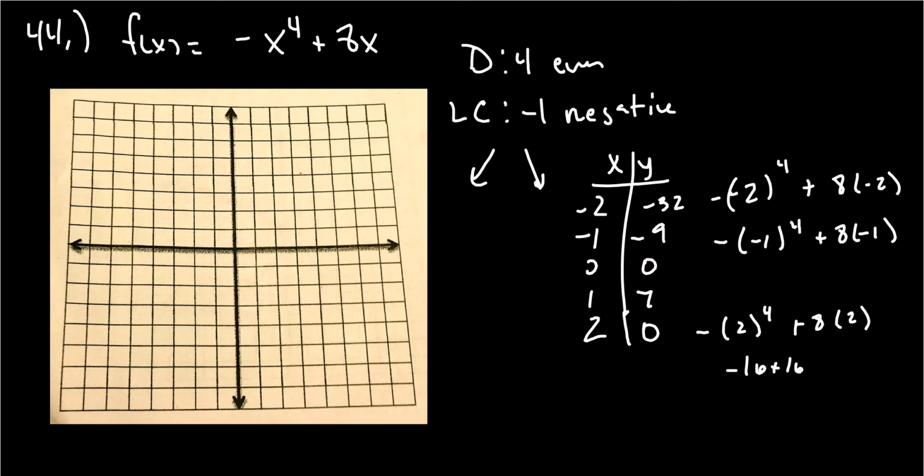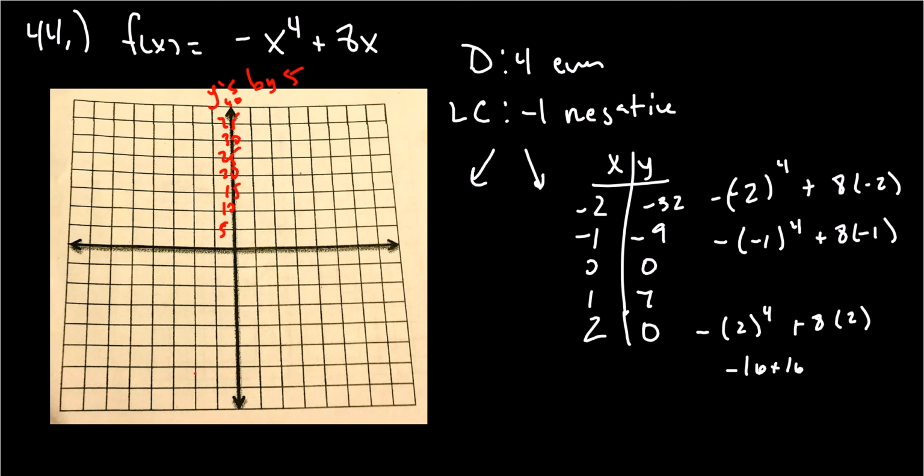Now I'm going to make my y's go by 5s. So that's 5, 10, 15, 20, 25, 30, 35, 40. Negative 2 down to negative 32.